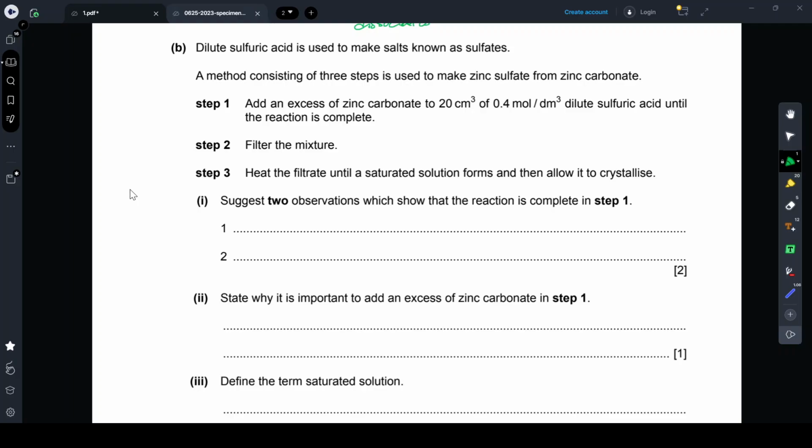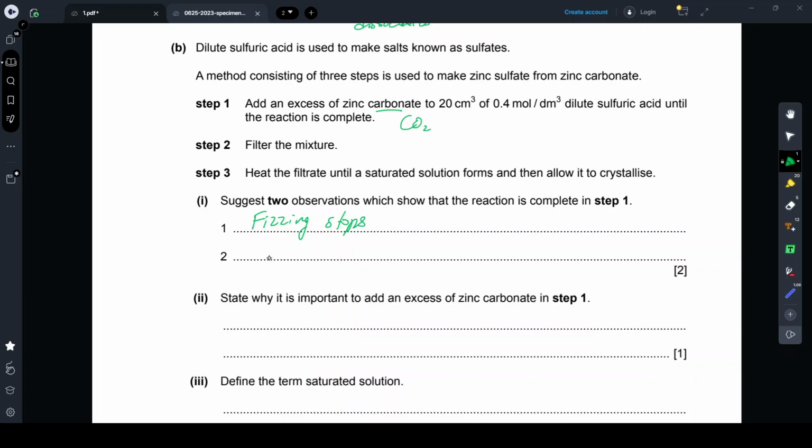The bubbling stops. So instead of bubbling, you want to use fizzing. Because it's a carbonate. So yeah, carbonate plus acid is going to give you carbon dioxide gas.